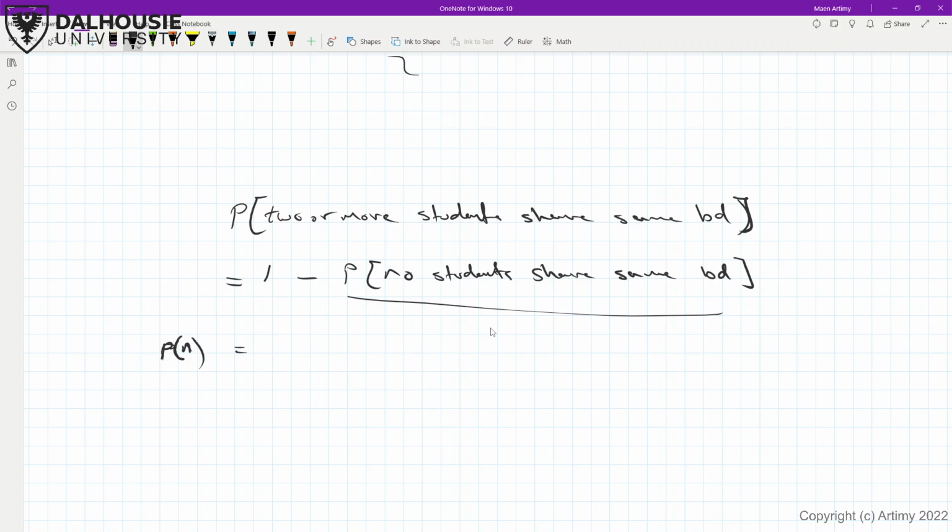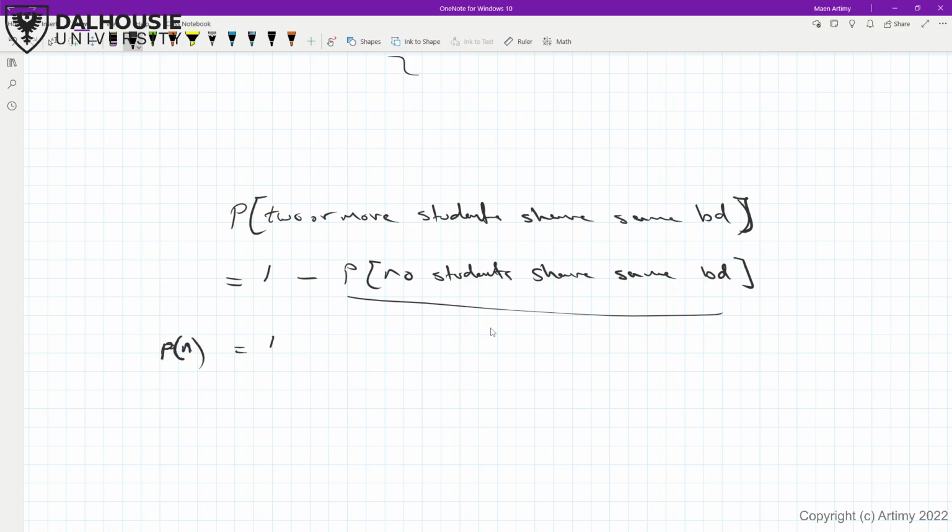Let's assume that the class has one student. Now the probability of not sharing a birthday with anyone else in the class is 1, because it's just one person, right?